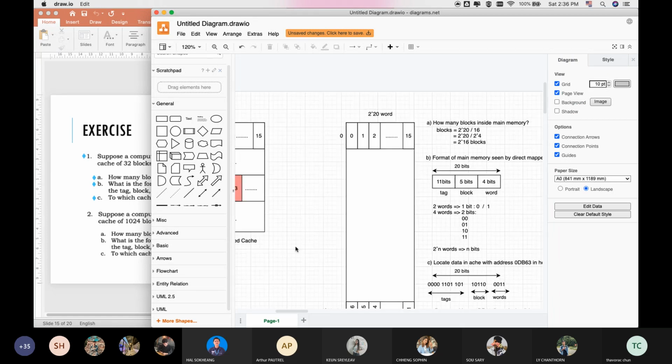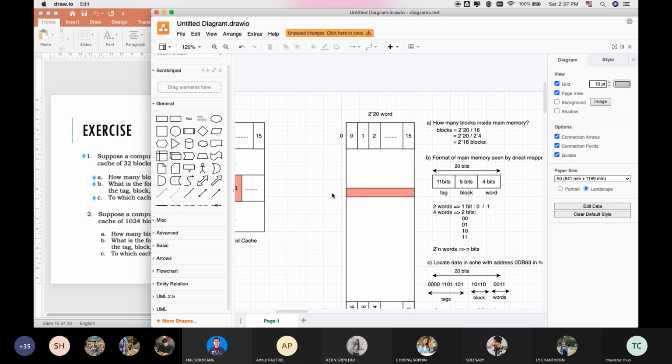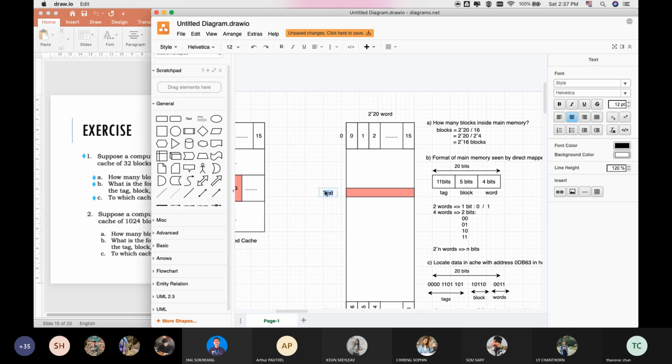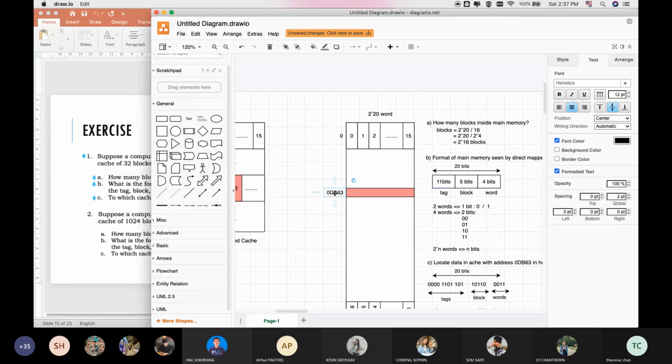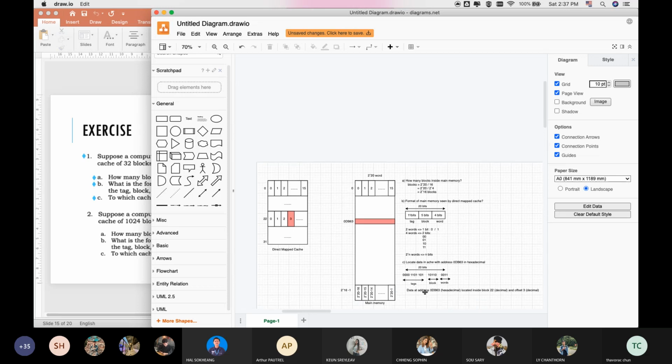So in case we are not using cache, you can look at the data directly inside the RAM like this, as long as you have the address, and our address is like 0DB63. Okay, if you are not using the cache, you can go directly like this.